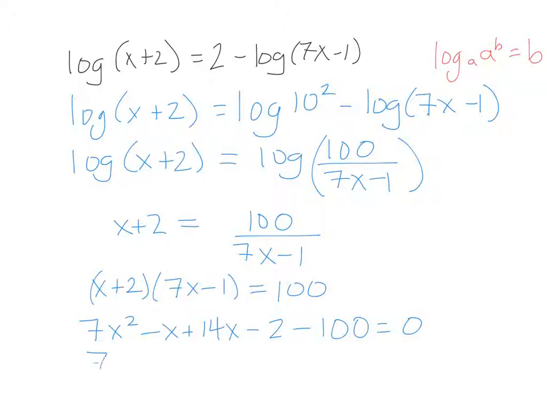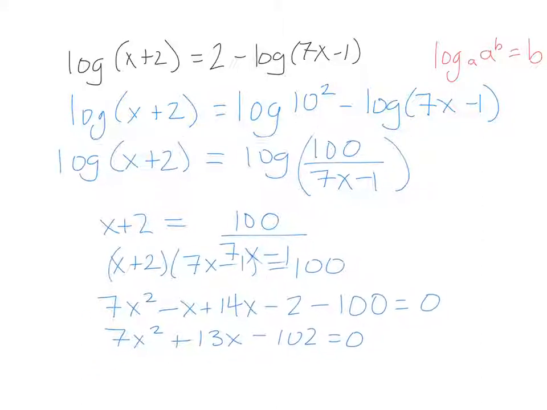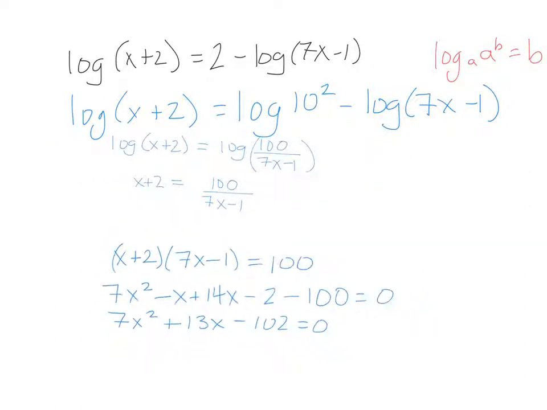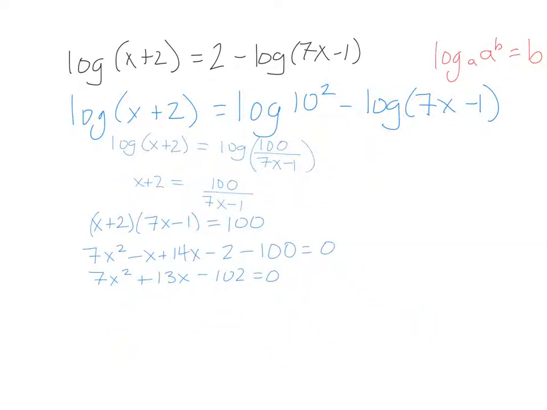So we get 7x squared plus 13x minus 102 equals 0. So are we going to solve that by factoring? No? I think we are going to solve it by factoring, but you have other options, right? You could graph or use a quadratic formula, but I'm going to try this.